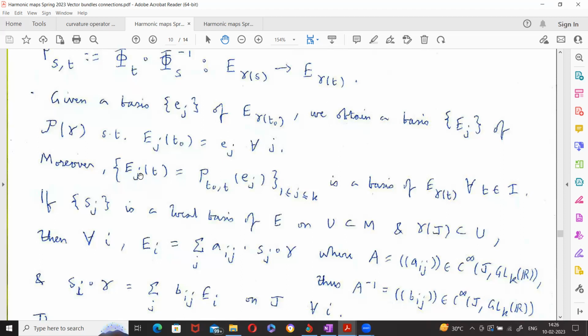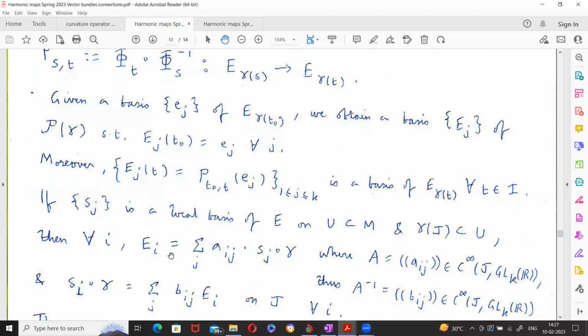So I know that the coefficients of sigma with respect to any local basis S_j of E will by definition be smooth. So I want to say that the coefficients with respect to E_j will be smooth. The way to do that is the following. You take a local basis S_j, then I know that my E_j's are solutions to a linear ODE with smooth coefficients. So the E_j's are smooth sections.